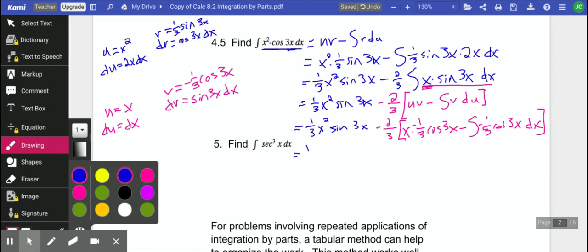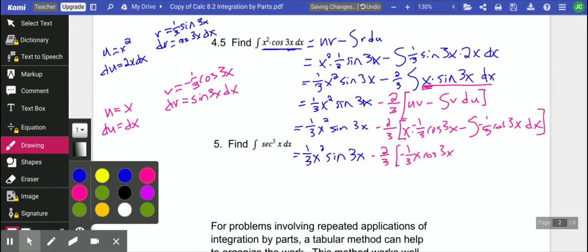All right, this first part, you're going to get tired of rewriting this. That's fine. You don't have to do anything there. This part, I'm just going to rearrange it. Negative 1/3 x cosine 3x.